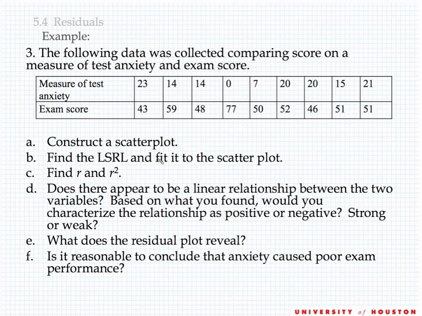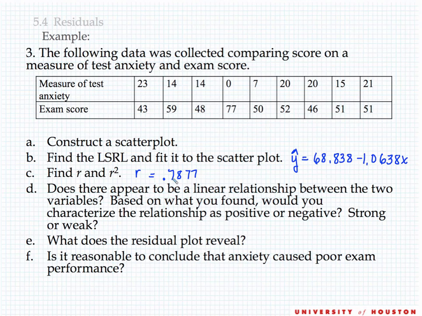So we've done our scatter plot, and we found our least squares regression line. And it is going to be y hat is equal to 68.838 minus 1.0638x. Our R value here is 0.7877.